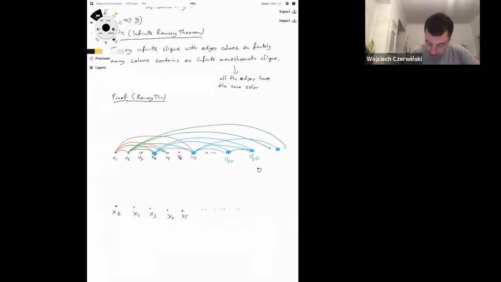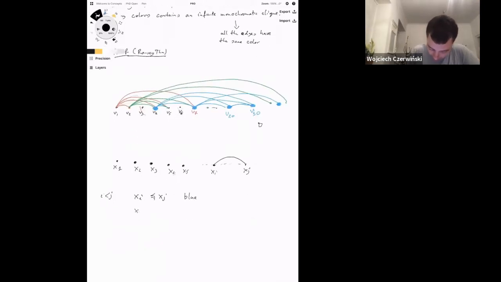So we will now color. This is a clique. These elements xi will be nodes, and there will be edges between them, and we will color them like that. Let's say that i is bigger than j, so here is xi and here is xj. If xi is smaller or equal to xj, we color the edge blue.